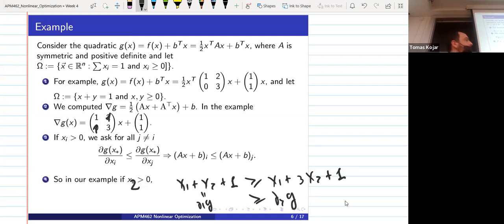So what is the implication from here? What do you think? Which implies what?